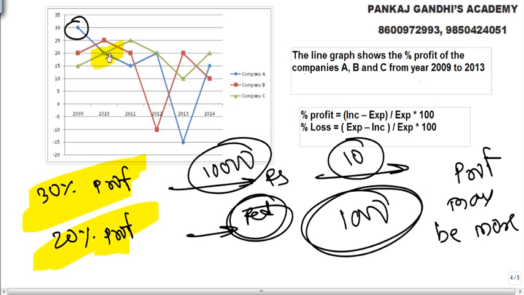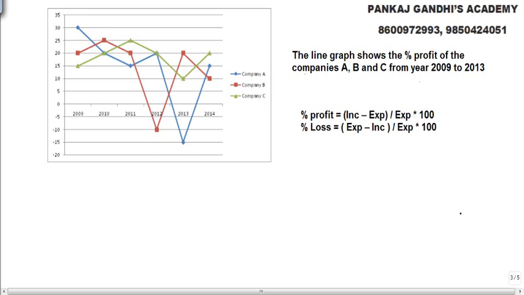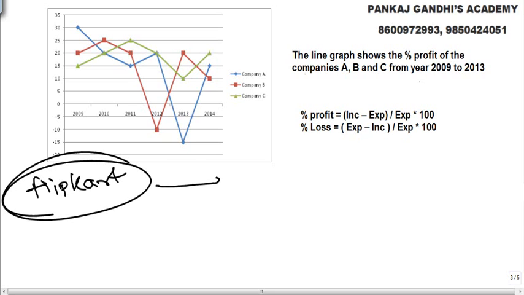Understand, many times companies reduce their profit margin but make more profit by selling more articles. That's the typical funda. Let's understand few more things. Companies like Flipkart, obviously we all know they are loss making.